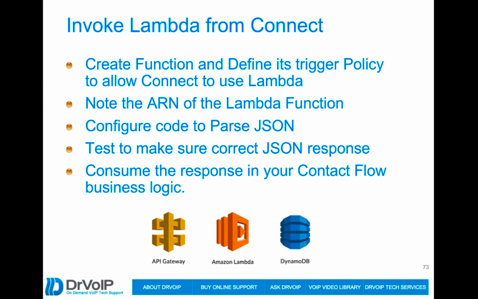So how do you invoke Lambda from Connect? There's plenty of documentation on this, so don't hesitate to go Google Lambda Connect integration. You'll get some really nice documentation from AWS. You should review it.